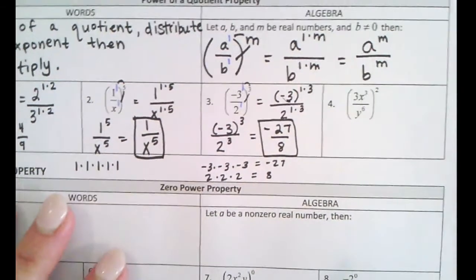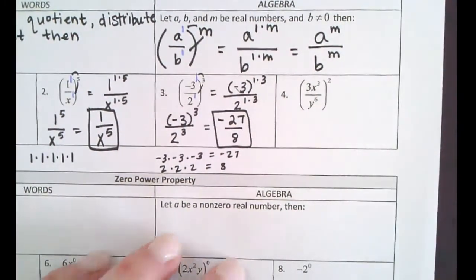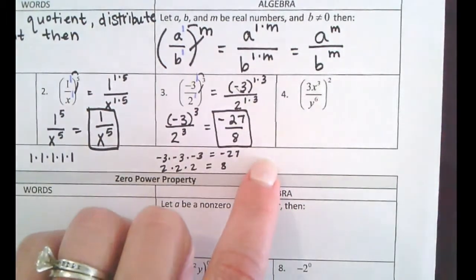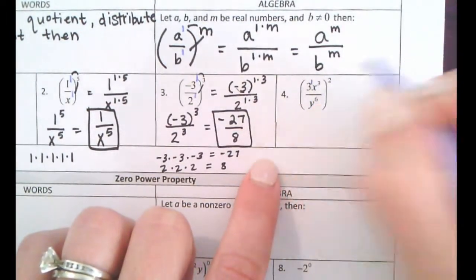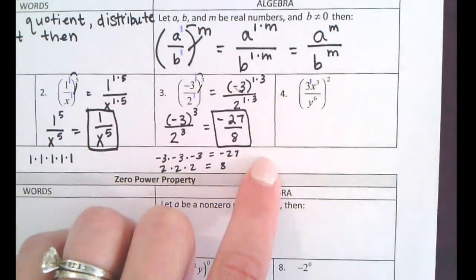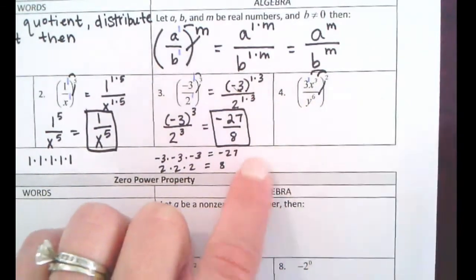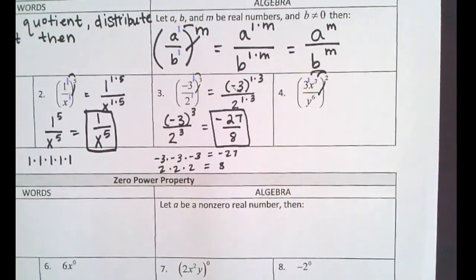All right, last problem for power of a quotient. I've got 3 terms in this problem. The exponent to 3 is a 1. I'm going to first distribute each of these powers to each of the terms.